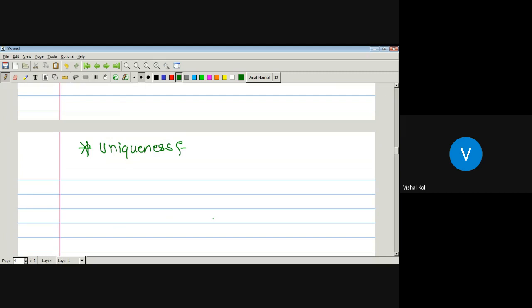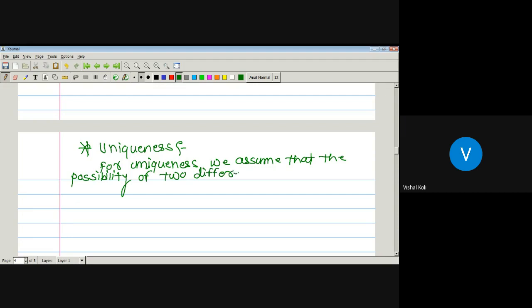So for uniqueness, we assume the possibility of two different representations of a as given below. That is, here we will assume the two different representations of A.